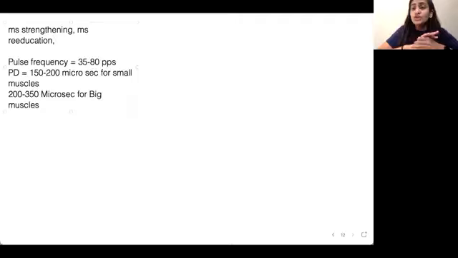All right, so for muscle strengthening and muscle re-education, your pulse frequency is going to be 35 to 50. Pulse duration is going to be 150 to 200 for small muscles and 200 to 350 for big muscles. We have to remember these two parameters. It's going to come repeated for all of them. So once you know just this much, it's fine. You do not have different parameters to memorize for everything.